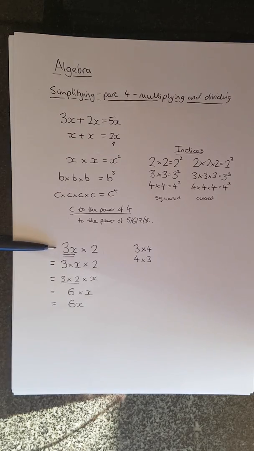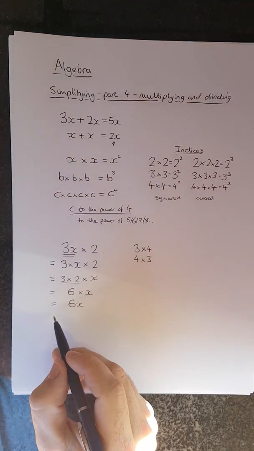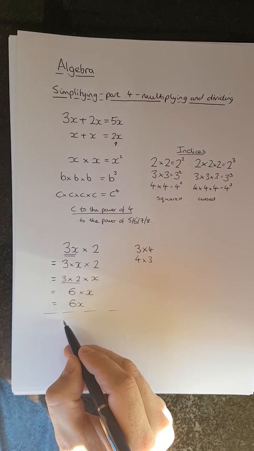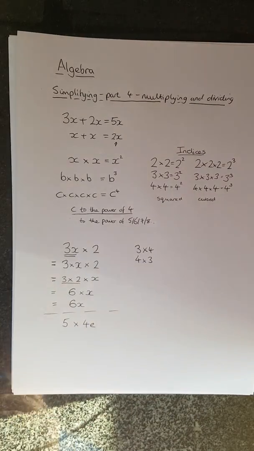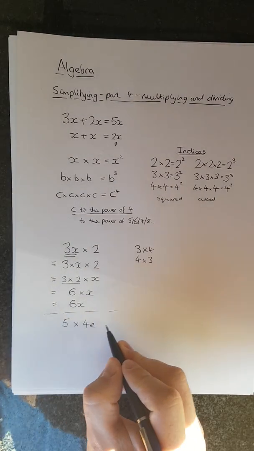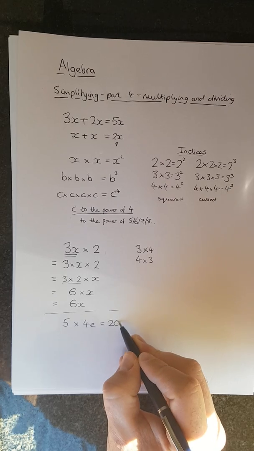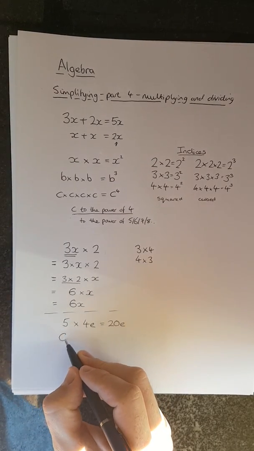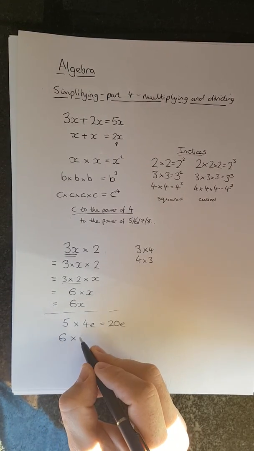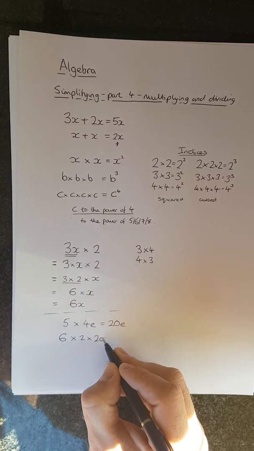Some of you will be able to see how we can go from that to our answer without actually showing all of those steps in the future. So for example, if I gave you 5 times 4e, some of you will straight away say that's 20e. What about 6 times 2 times 2a?